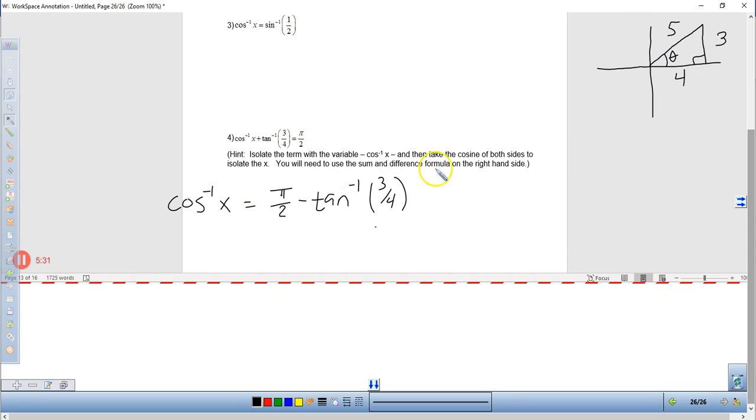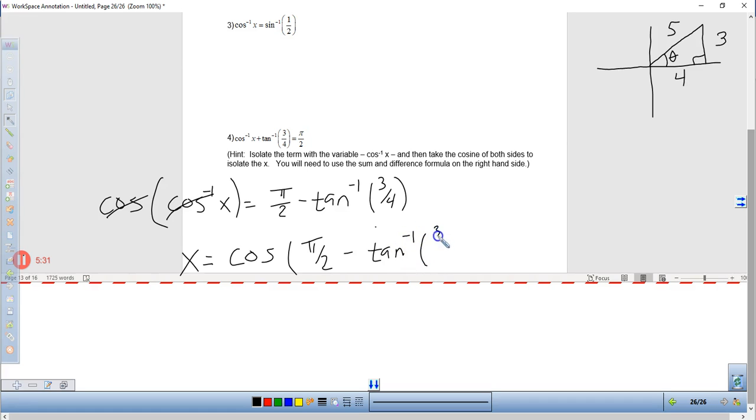Now, it talks about using sum and difference formulas. Okay, so x is going to be equal to cosine of pi over 2 minus whatever angle this is.